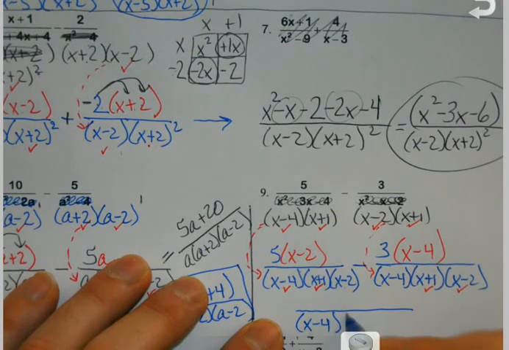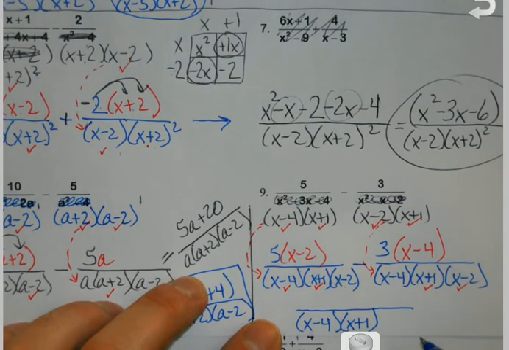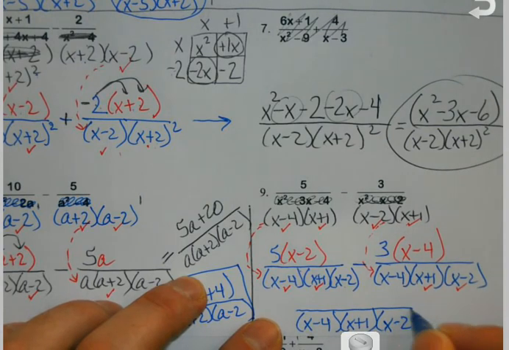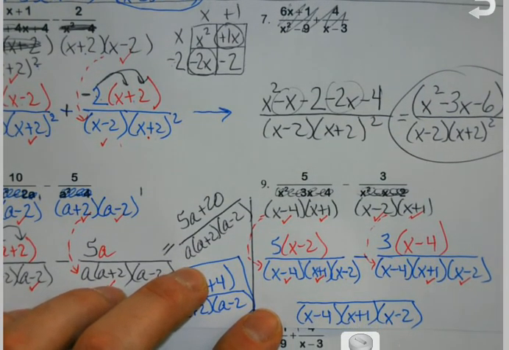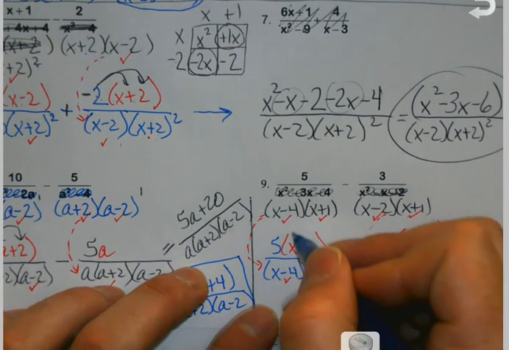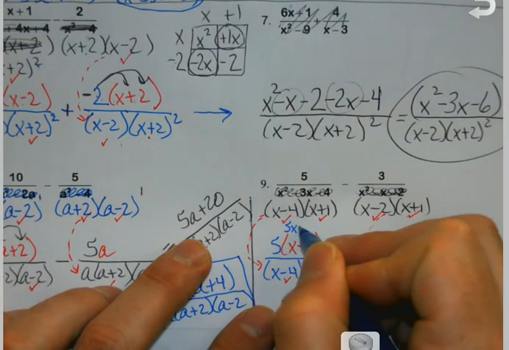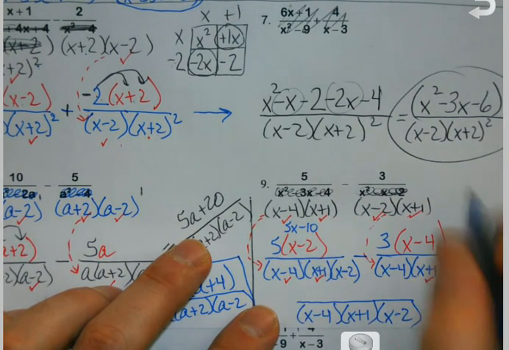But you probably can notice all the way through these, the only time anything canceled was way back up on number 3. So more times than not, once you clean this up, you're going to be safe anyway. So I look and I'm like, okay, so this is going to be 5x minus 10 when I simplify it.